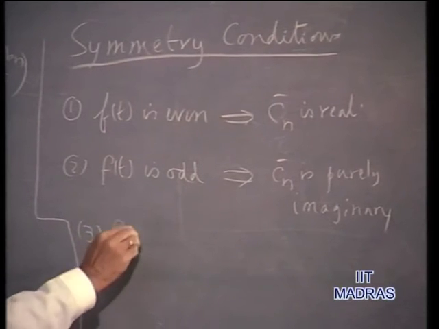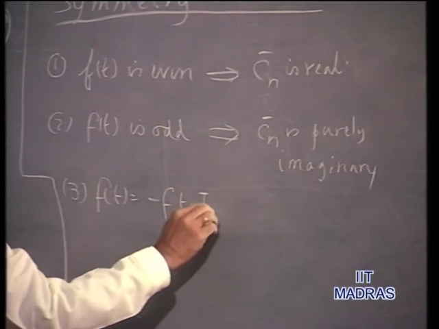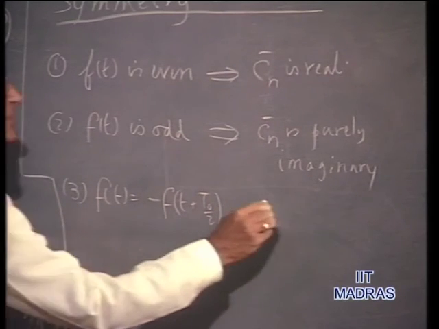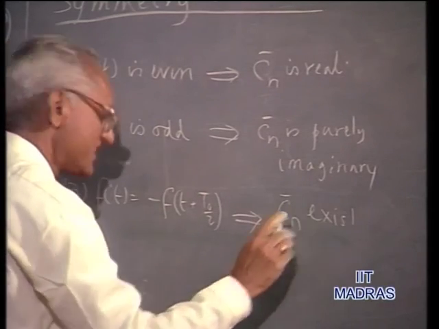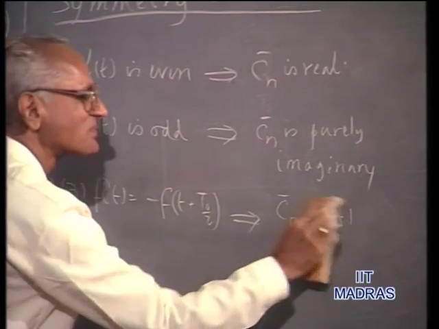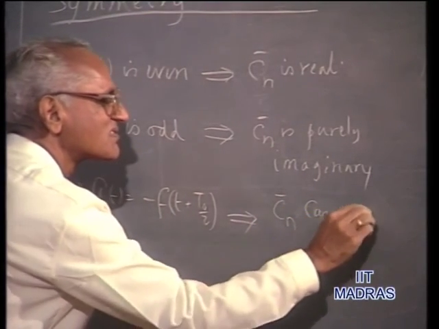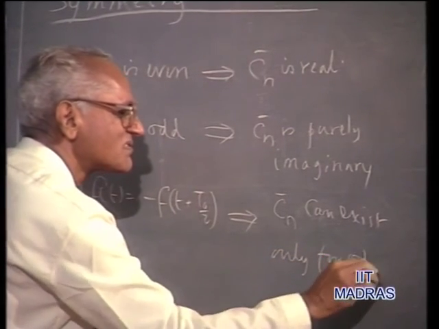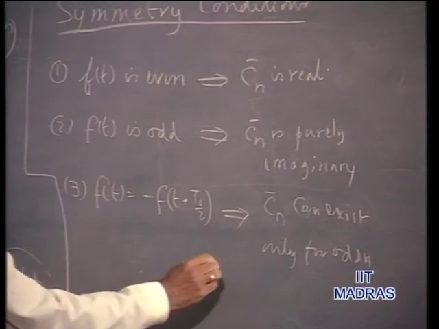And if f of t exhibits half-wave symmetry, then as before we have only the odd harmonics present. Cn can exist only for odd n. Even harmonics are absent.